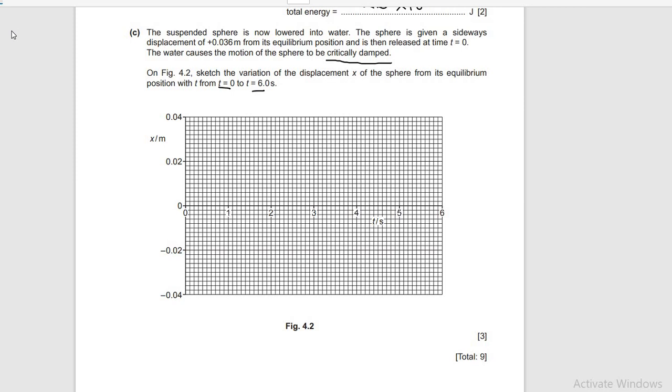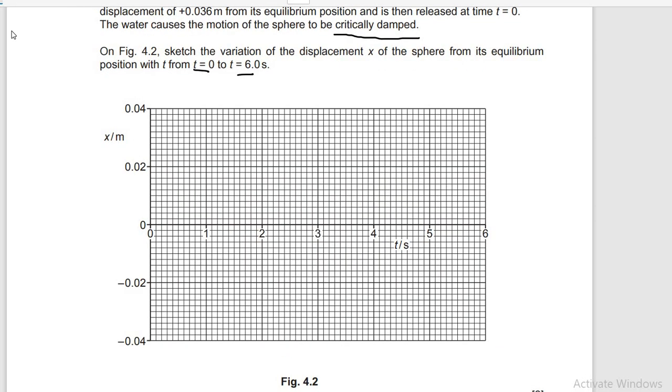Remember the amplitude is 0.036 positive. So 0.036 should be around this place. So the critically damped motion just decreases to 0 in the shortest possible time.